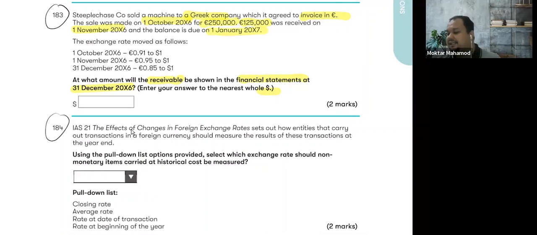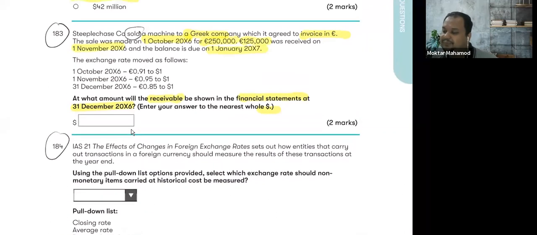So basically, in this case, the statement is not complete, because normally when the company sold a machine, the seller will hold the functional currency. To a Greek company with agreed invoice in euro, we can determine, or trigger in this case, that it will be settled in euro.